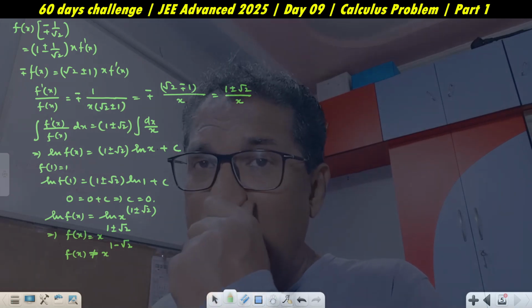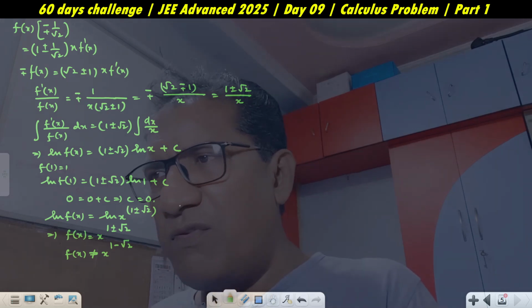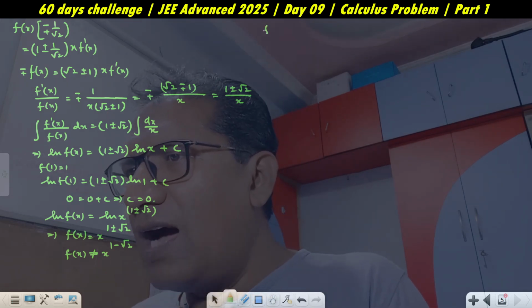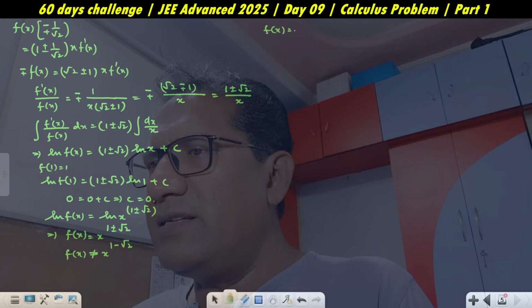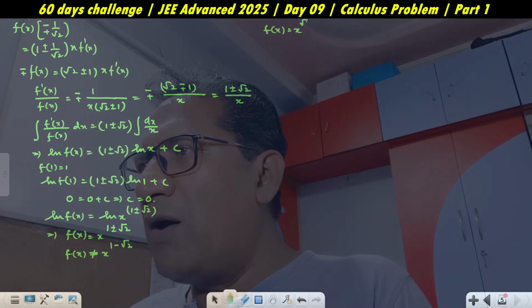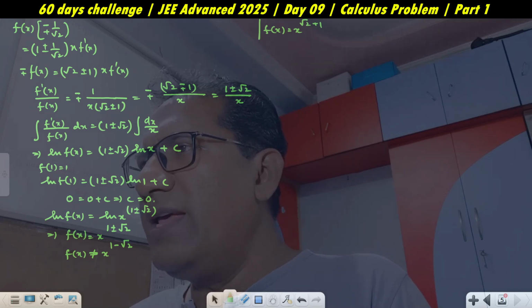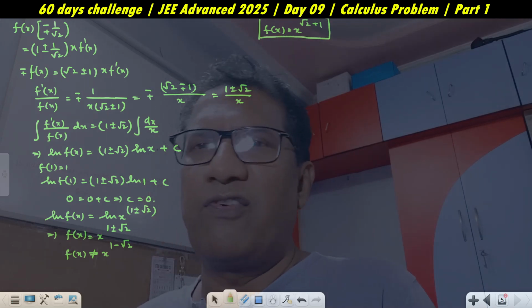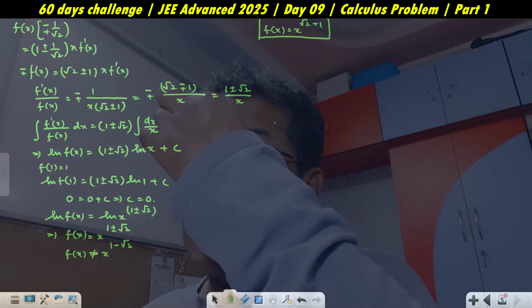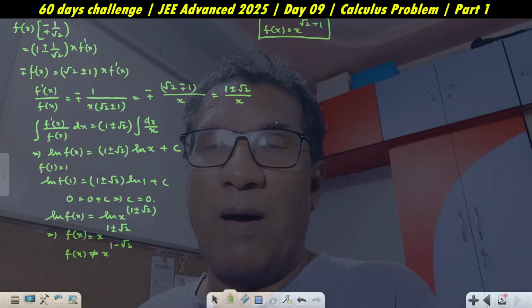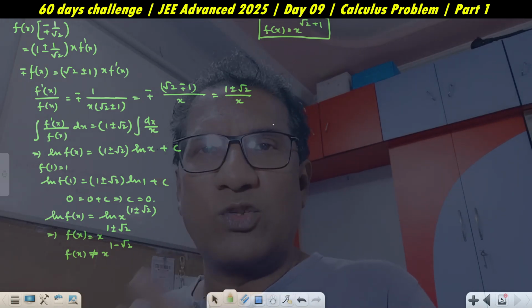So, since the function is increasing, they have said, so we will say that our f(x) is nothing but x to the power root 2 plus 1. After doing so many things, we have reached to this conclusion that your f(x) is x to the power root 2 plus 1. Is it clear?